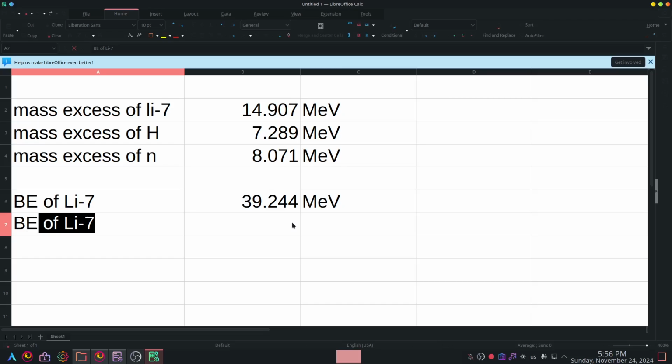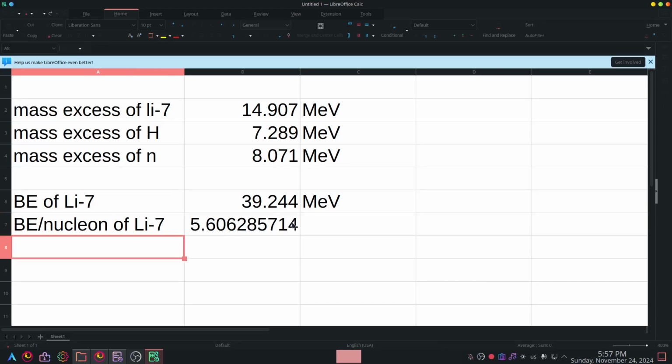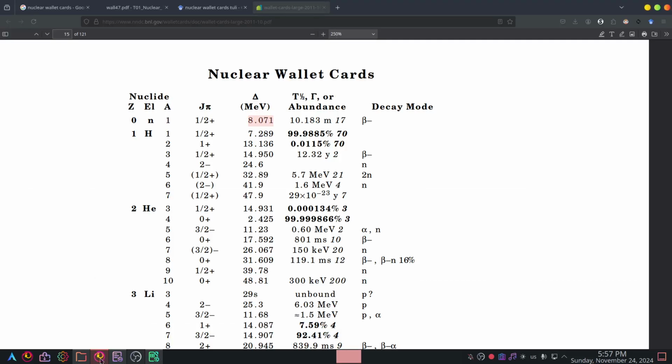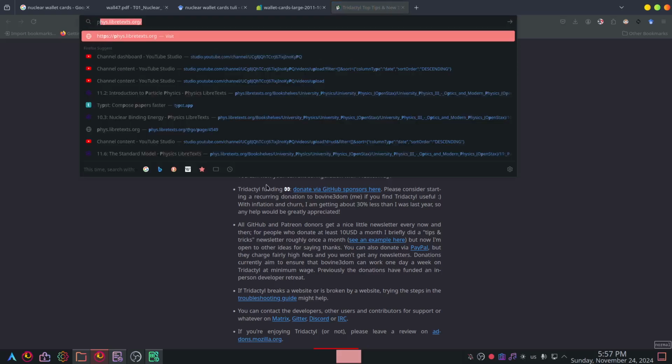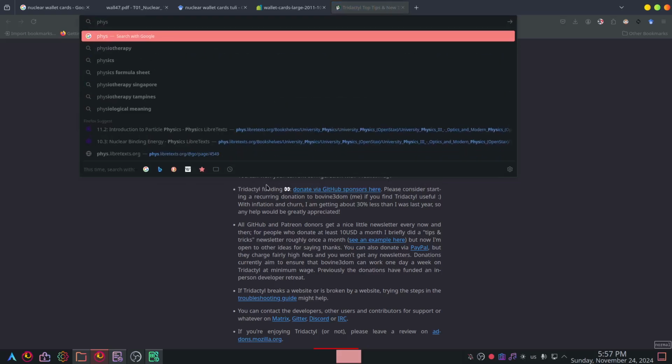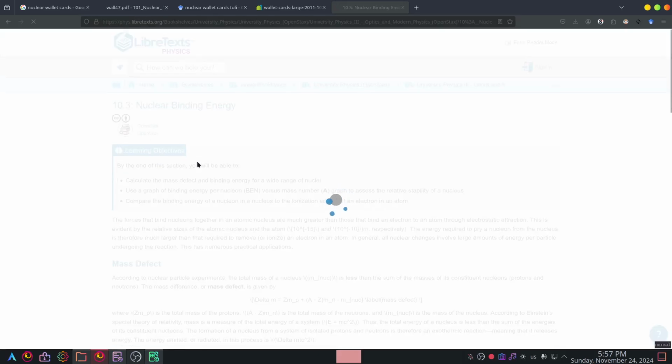Now let's also calculate binding energy per nucleon of lithium 7, because that's what you will find on that graph you have. So this is binding energy, 39.2 divided by 7, 5.606. Now let's check whether this is done correctly. I'm going to go back to my LibreTexts physics page and go to that binding energy curve.